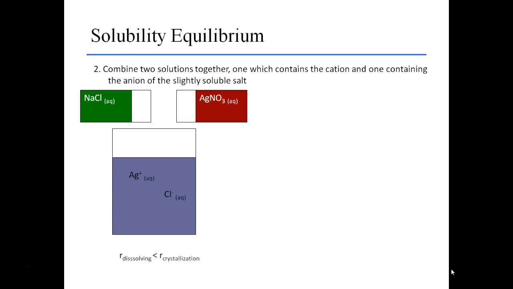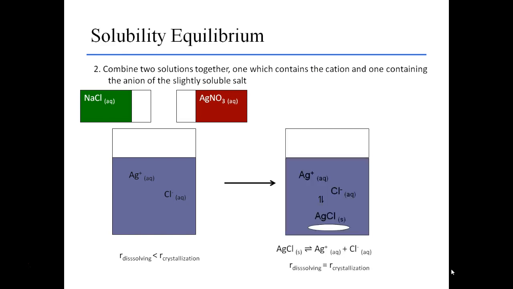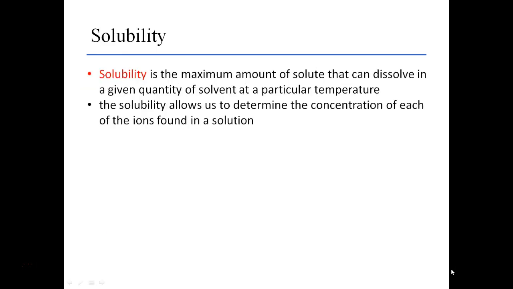In this setup, the rate of crystallization will be greater than the rate of dissolving, because I only have ions to crystallize and no solid to dissolve. But once equilibrium is reached, once again the concentration of ions will remain the same, the mass of the solid at the bottom will remain the same, and the rate of dissolving will equal the rate of crystallization.